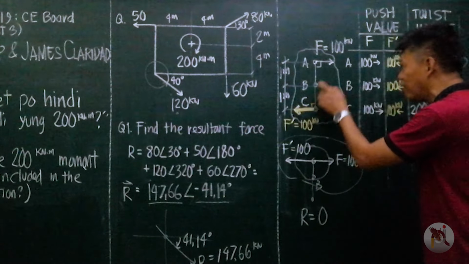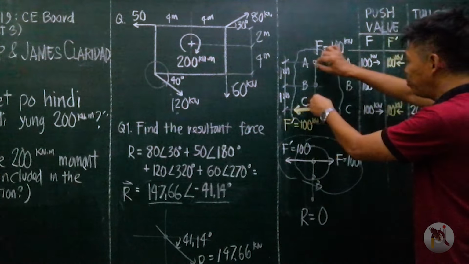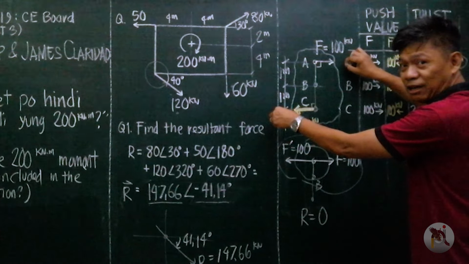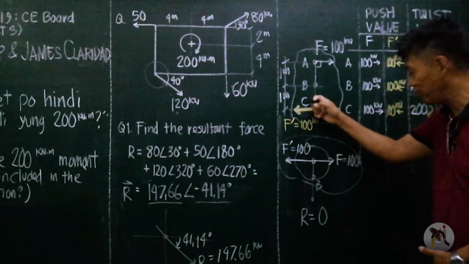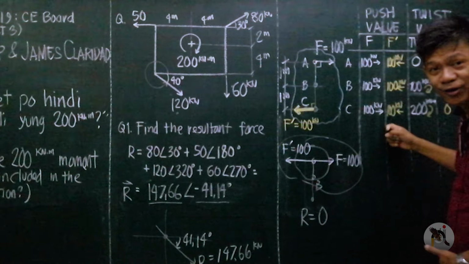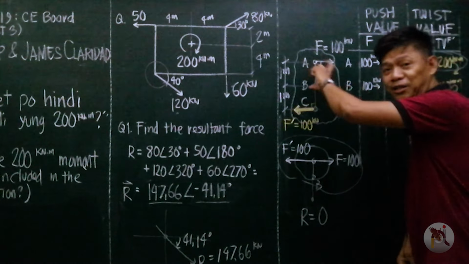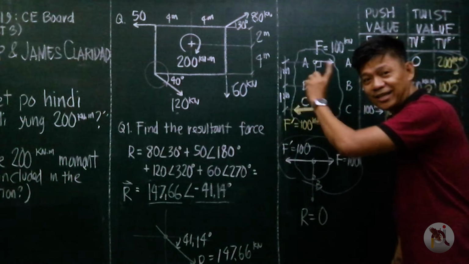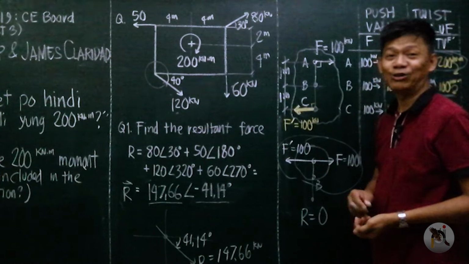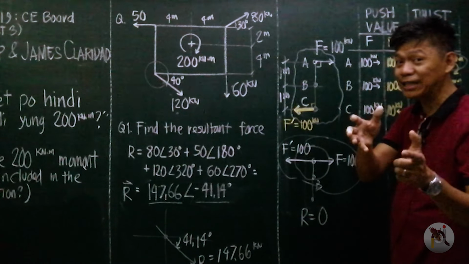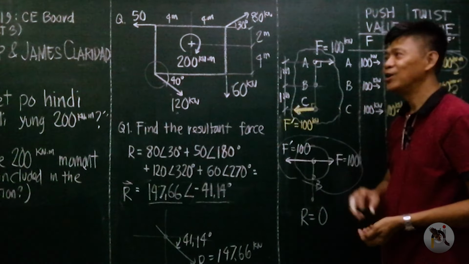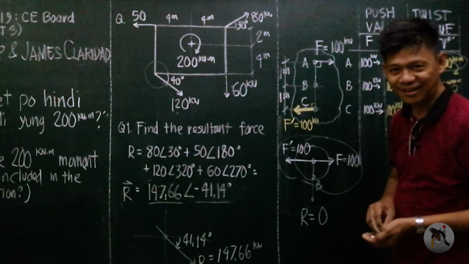So this pair of forces, opposite in direction, parallel, but not collinear, its resultant push value is 0, but its twist value at any point is 200 kilonewton meter. You follow? Or its resultant moment is 200 kilonewton meter.